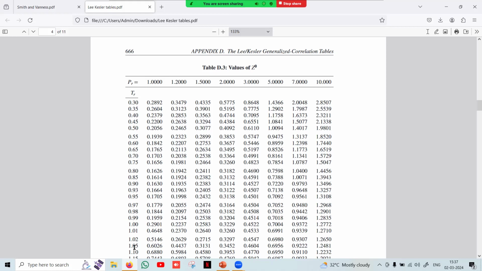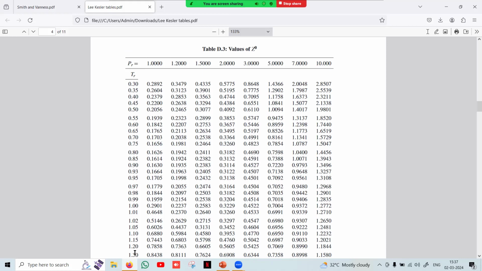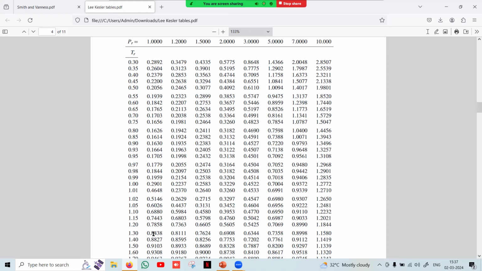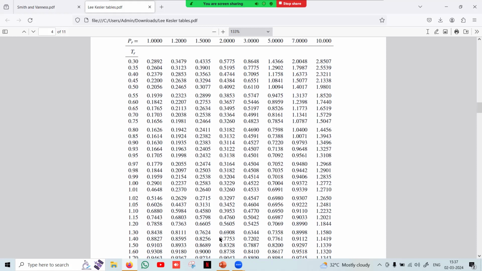Here I have 1.1, 1.3, 1.33 I have, but based on how much variation I'm seeing, I can approximate it. So I have 2.4. So 2 and 3, how much difference? And at 1.3, 0.69, 0.63. So I must do interpolation between these. Also at 1.3, 1.4, it is 0.69, this is 0.77.